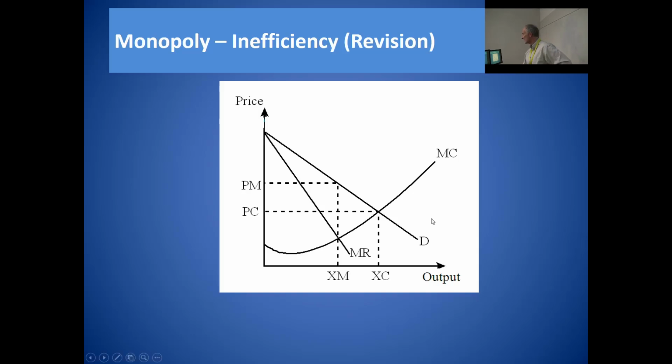Well, if that's the market demand curve, there will also be an associated marginal revenue curve. And again, as revision for you, the marginal revenue curve will slope downwards more steeply than the demand curve. So marginal revenue shows us the increase in total revenue as we sell an extra unit of output.